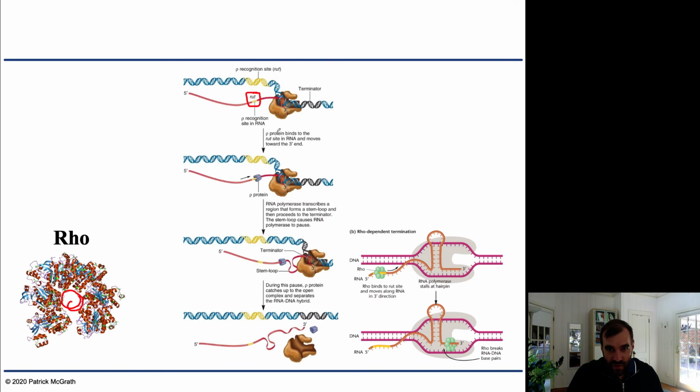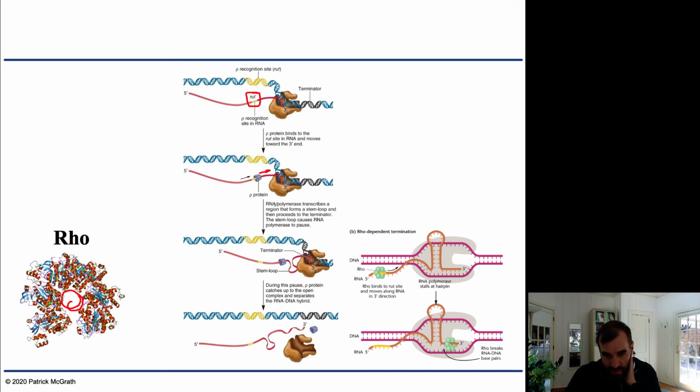Once the rho protein binds to the site, it's able to move along the mRNA and try to catch up to the RNA polymerase that is synthesizing, incorporating new nucleotides into the mRNA. Eventually the RNA polymerase transcribes a region that forms a stem loop and then proceeds to the terminator.